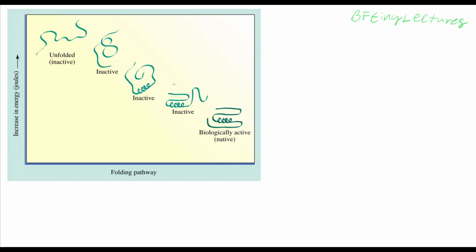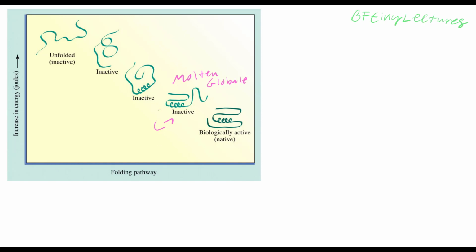And before I forget, there is something called a molten globule. So this is a molten globule. Okay, and essentially it's almost completely compact. Almost. So it's a compact protein structure that is almost the active native species.